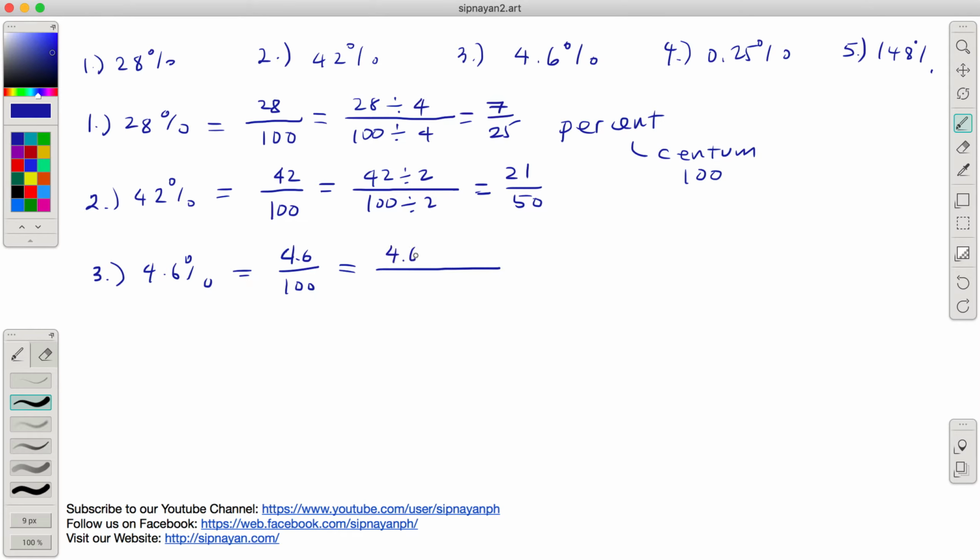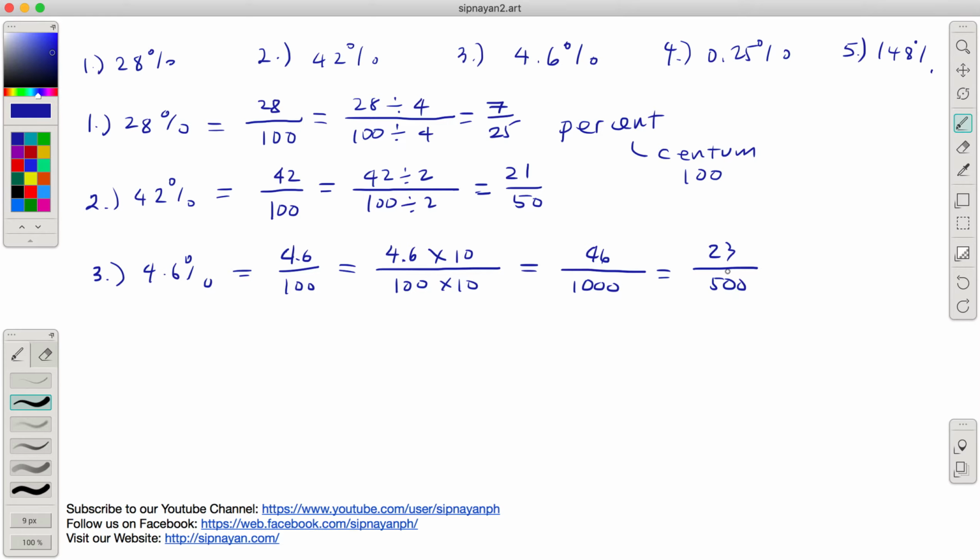So, para matanggal yung decimal, minumultiply natin by 10, may powers of 10, kasi isa lang yung decimal number natin. So, by 10 lang. Pag dalawa, 100. Pag tatlo, 1,000. So, this is 46 over 1,000, which is equal to, divided by 2, that's 23 over 500.